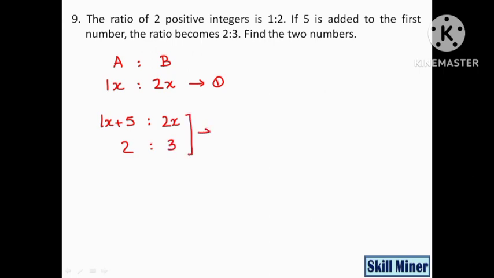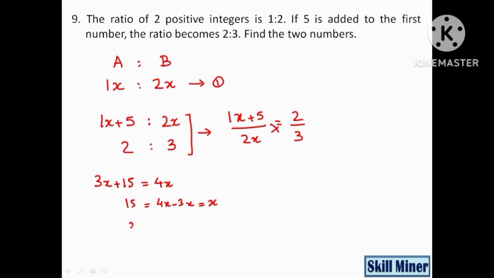Combined, we can write it as 1x plus 5 divided by 2x, which is equal to 2 is to 3. Now we need to find the two numbers. Cross multiply this. 3x plus 15 is equal to 4x. 15 is equal to 4x minus 3x, which is x. So x is equal to 15.